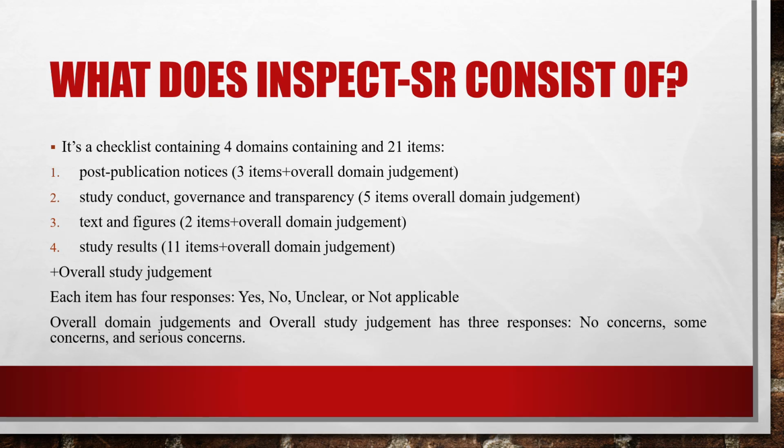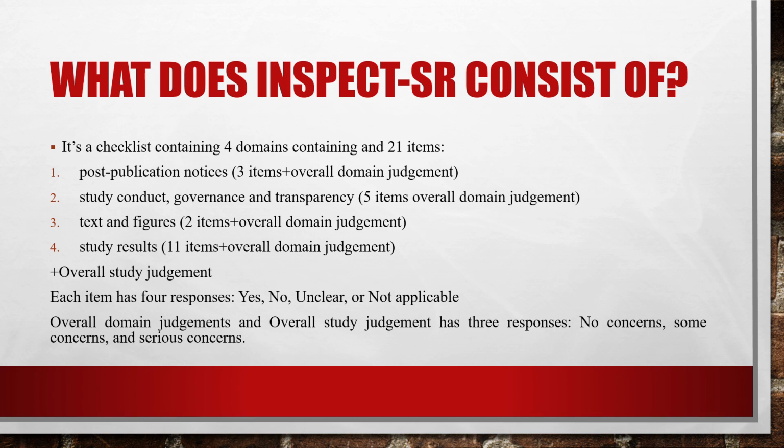This tool is a checklist that contains 4 domains and overall 21 items. The domains of this tool are post-publication notices, study conduct, governance and transparency, text and figures, study results.